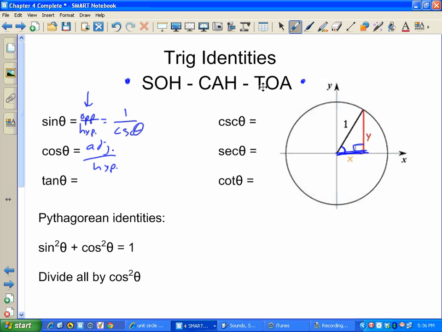The tangent is opposite over adjacent. So opposite was y, adjacent is x. So that's why this was y over x.